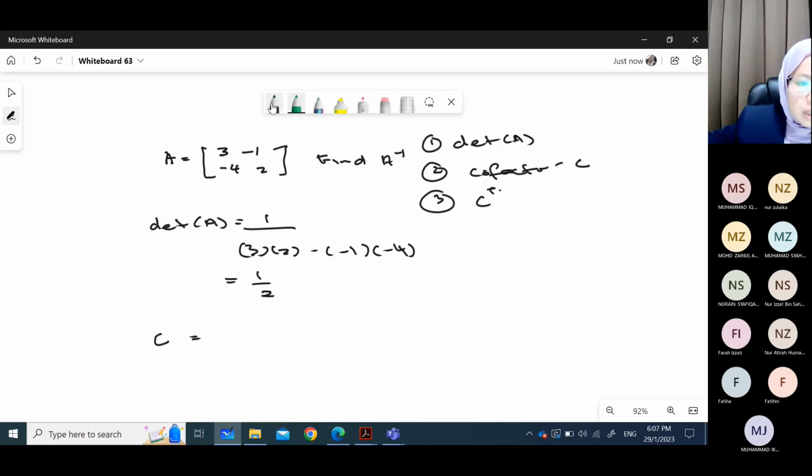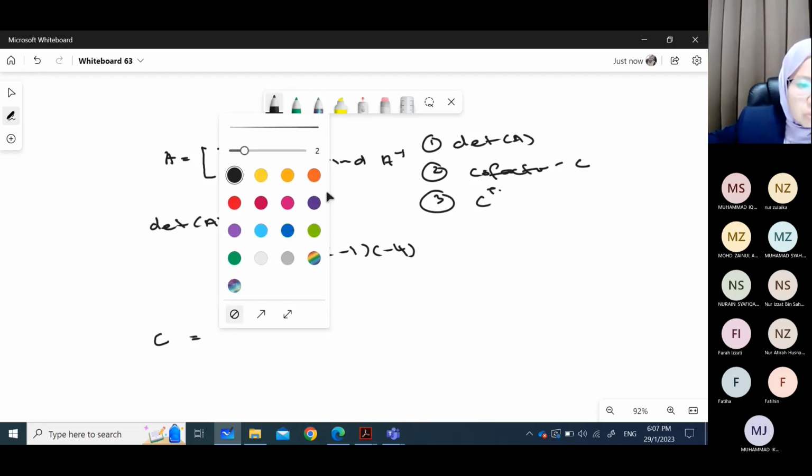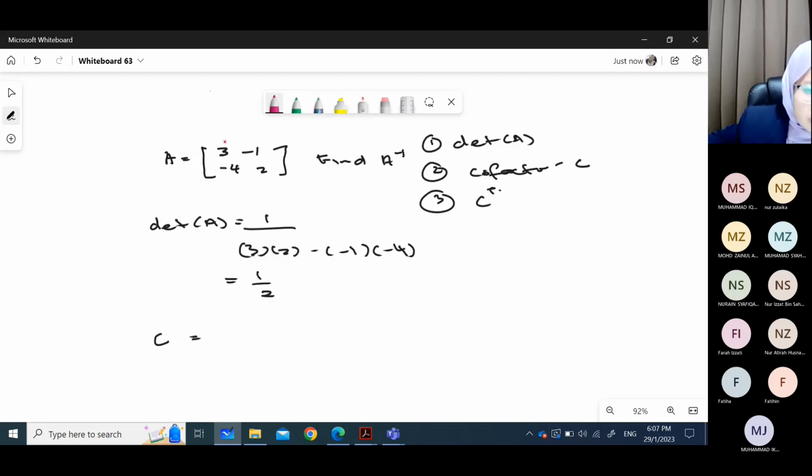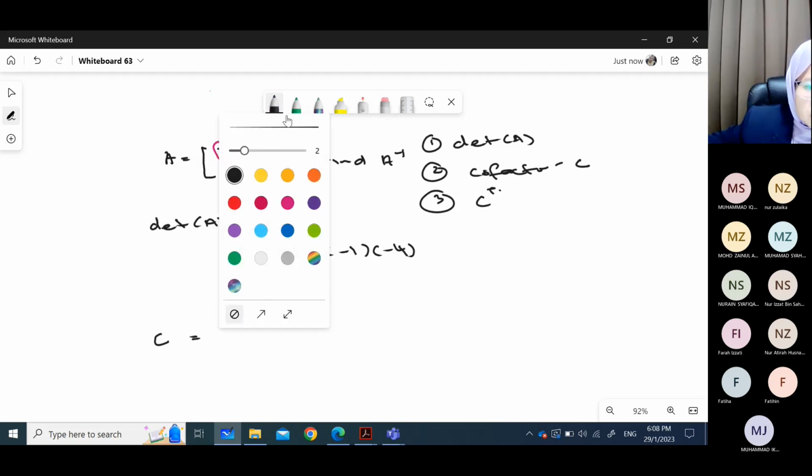Okay. So kita ambil, kita faktorkan untuk C. Kalau kita ambil yang ni, kita ambil 3. Alright. So this one, it is about 3. Cofactor ni dalam bentuk matrix, sebab dia cofactor matrix.